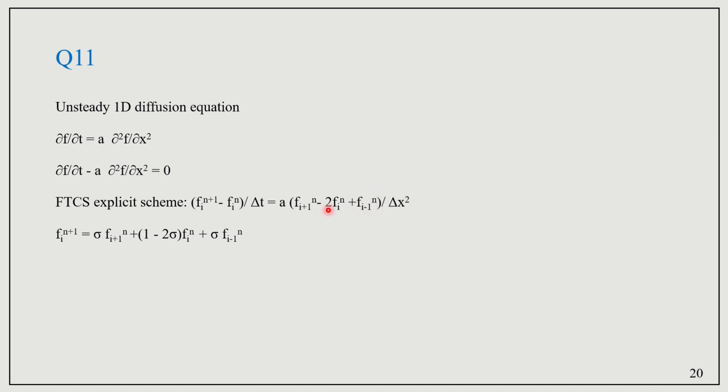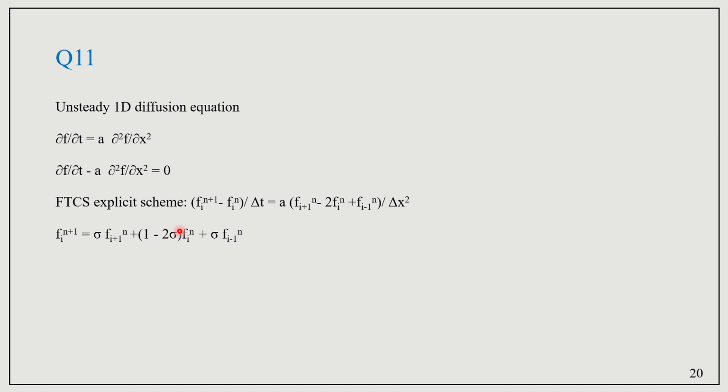Now sigma is a into delta t by delta x square. We take sigma as common and write the equation: fi at n plus 1 is equal to sigma into fi plus 1 at n, plus 1 minus 2 times sigma. Here 2 times sigma and 1 come from this particular term.